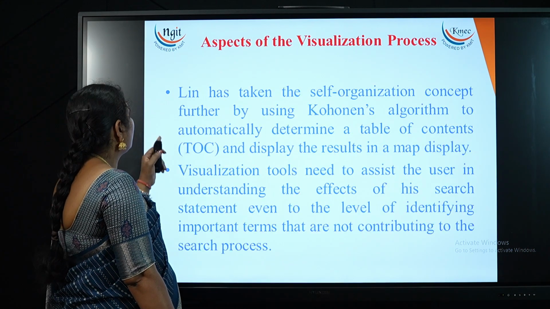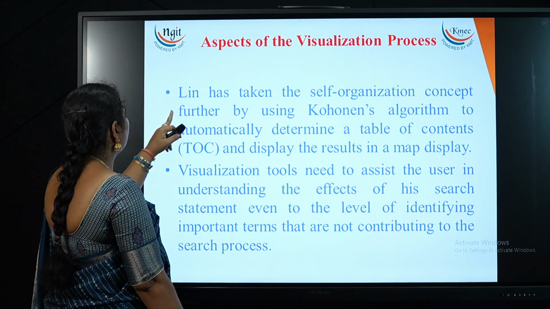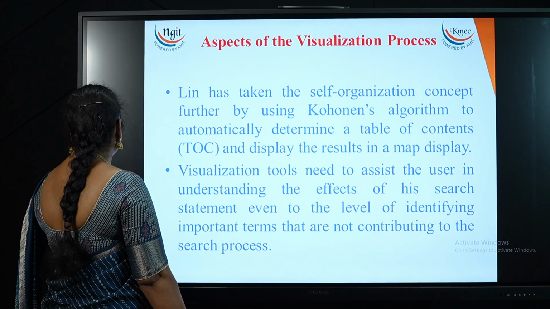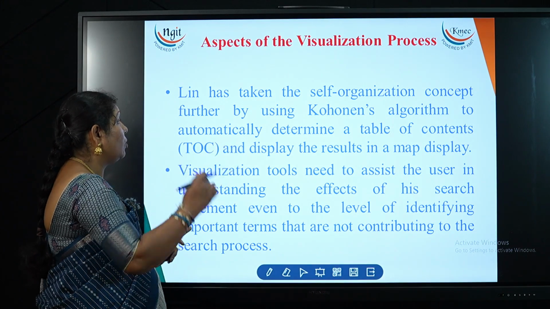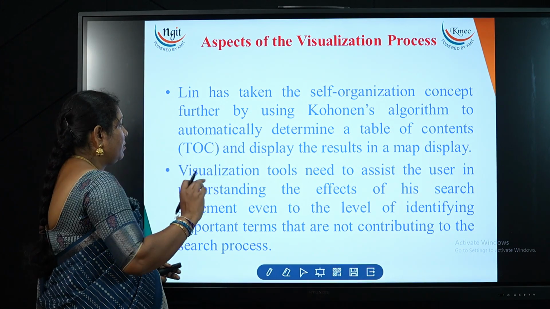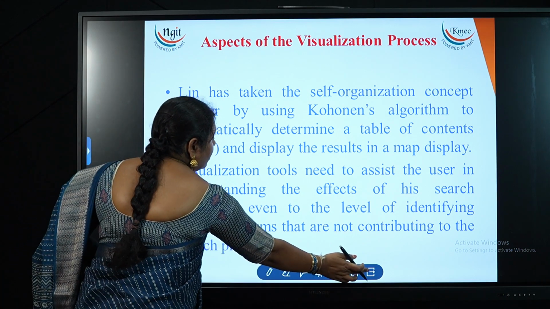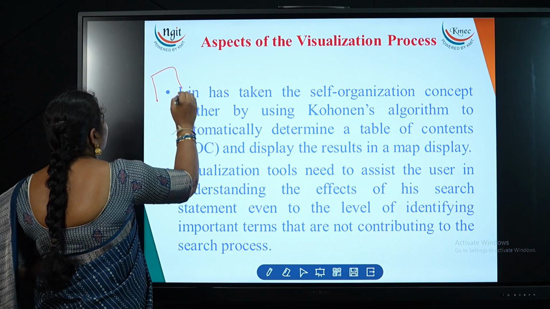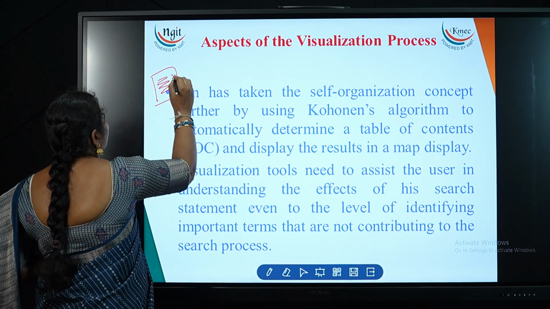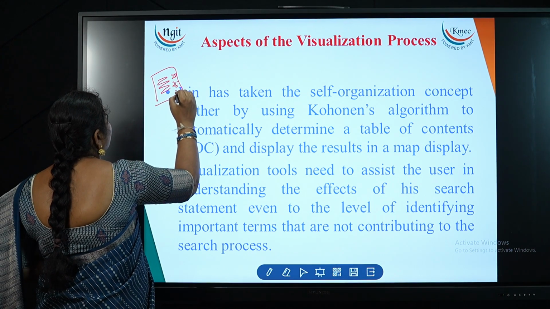Next one, LinLog, was taken from SVM, support vector machines, where it will use a coherence algorithm in order to create the table of contents. For example, I create one table and write here page numbers 20, 25, 30.